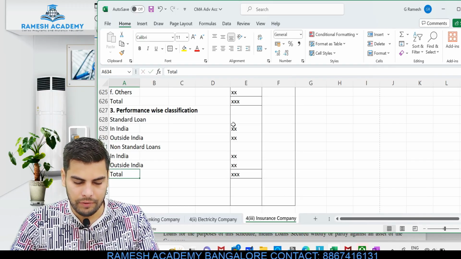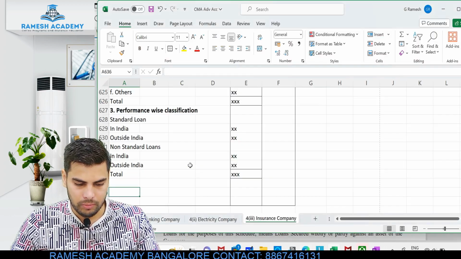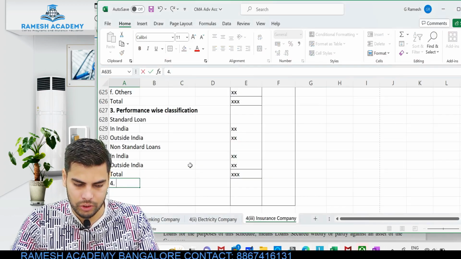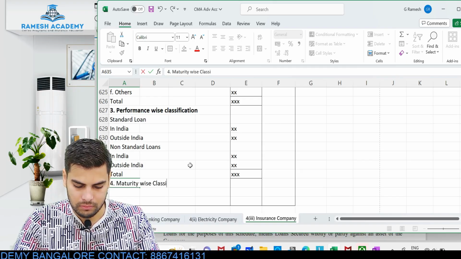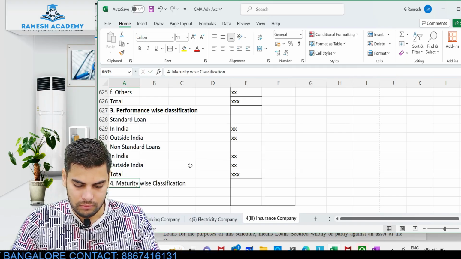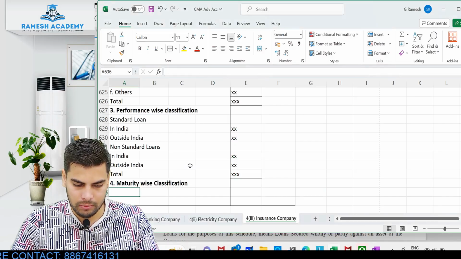Finally, we have one more classification, that is based on the maturity. Maturity wise classification would be short term and long term.